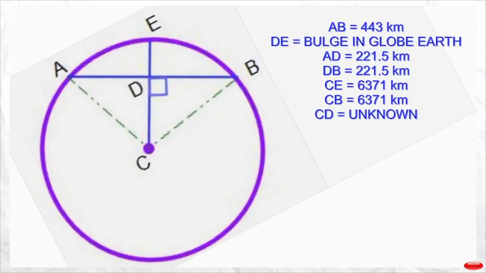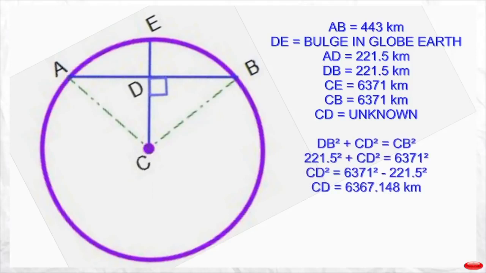CE is the radius of the Earth, 6,371 kilometers, and CB is the radius of the globe Earth. CD is our unknown.